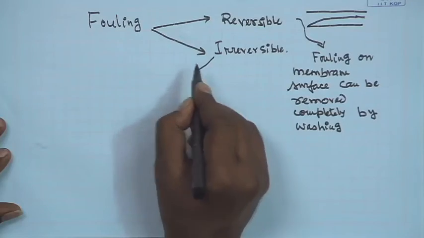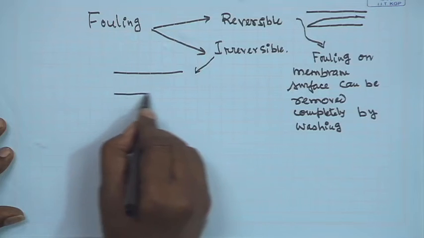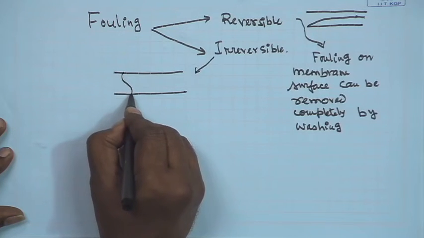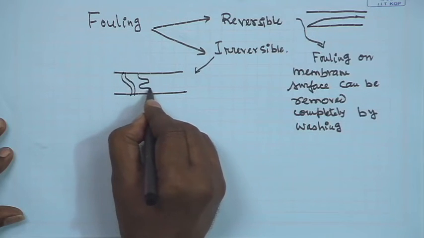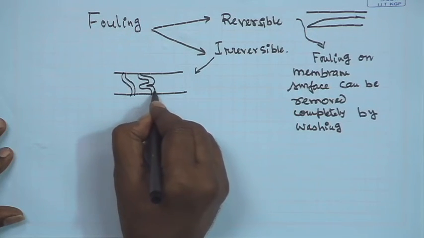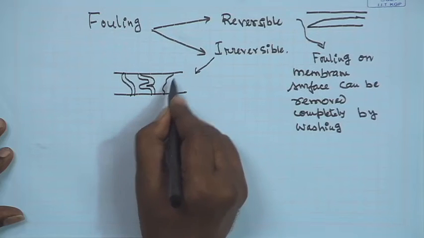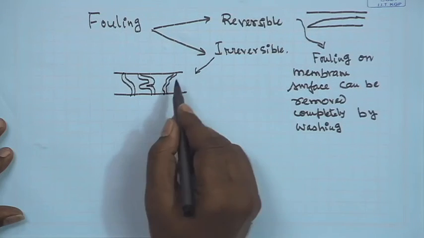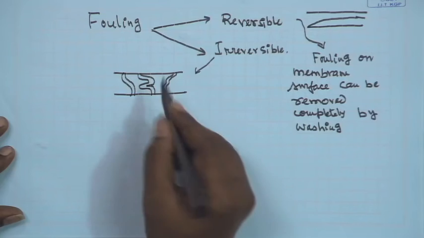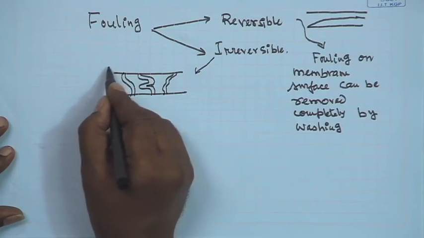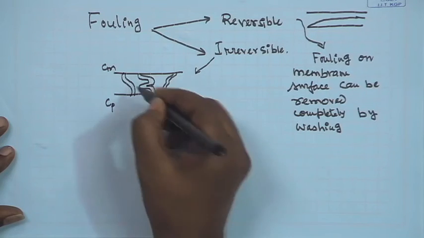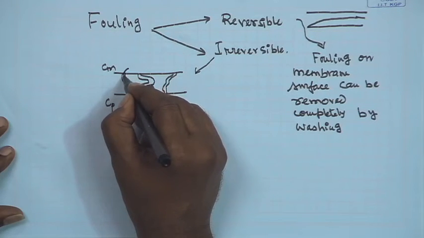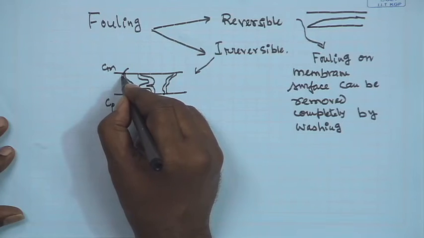On the other hand, in case of irreversible fouling, there are pores in the membrane surface, and these pores can be interconnected pores. They are not necessarily straight cylindrical pores. There are various types of pores in the membrane surface, in the membrane matrix, the membrane cross section, and since the concentration of solute on the membrane surface is more compared to the concentration of solute in the permeate side, solutes will travel, maybe because of diffusion, because of the concentration gradient.